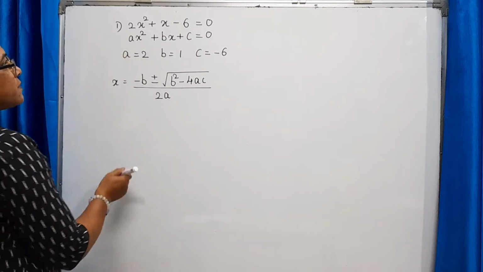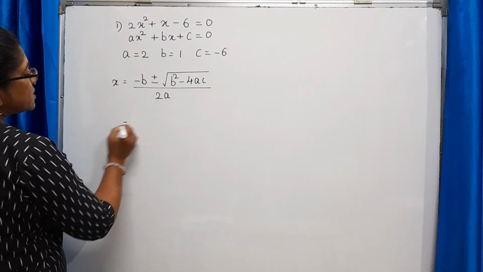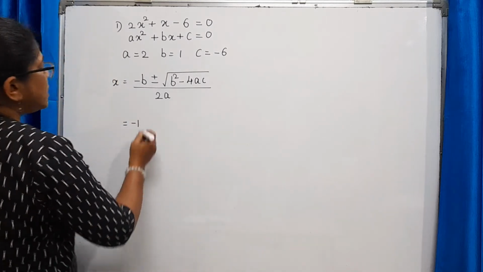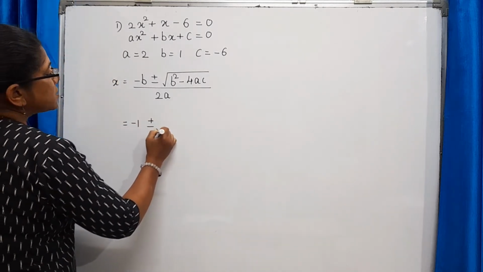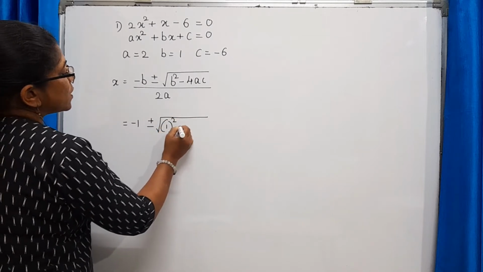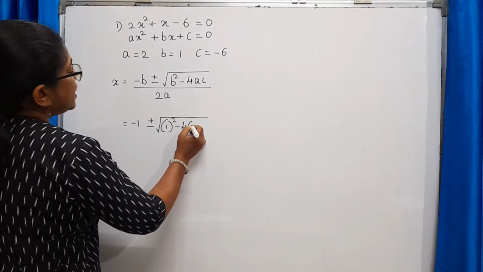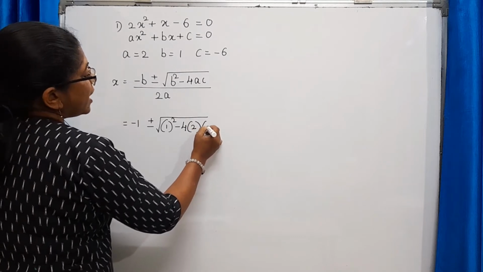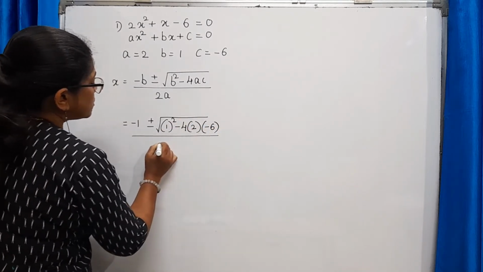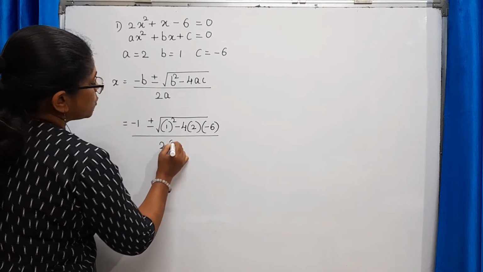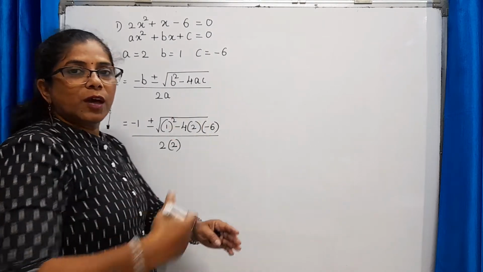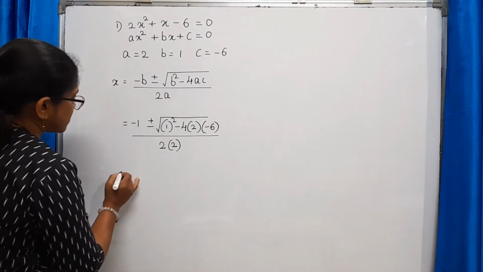Let's substitute these values. x is equal to minus 1, as the value of b is 1, plus or minus square root of 1 square minus 4, a is 2 and c is minus 6, upon 2 into 2. Okay, values are substituted. Now we have to simplify to get the answer.